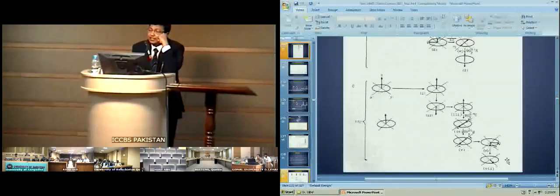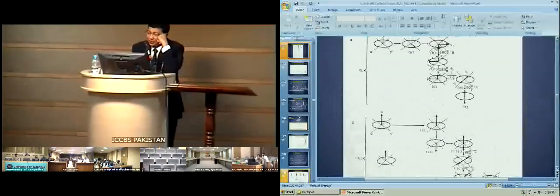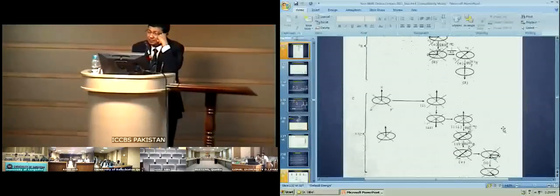Now, I want you to understand this thing. This is crucially important. This is minus 180, the 180 X pulse to carbon, right?